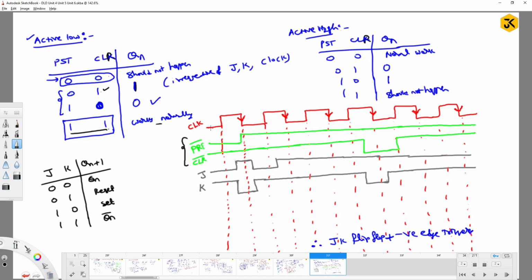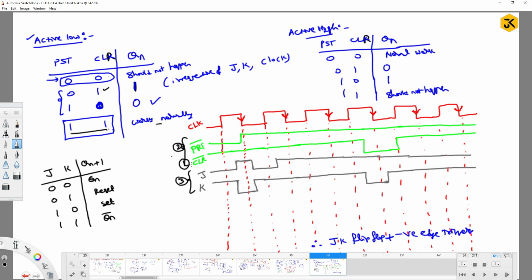Now let us check how this particular timing diagram works. Your clock is in red color, and preset or clear are the two commands which are asynchronous inputs, meaning they are going to have the highest priority, right? The first highest priority will be given to clear, the second highest priority will be given to preset, and the third priority will be given to the JK flip-flop.